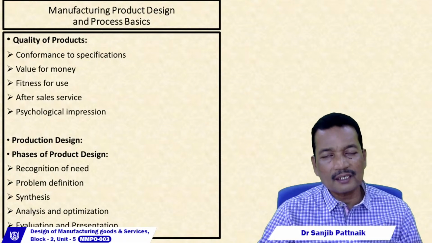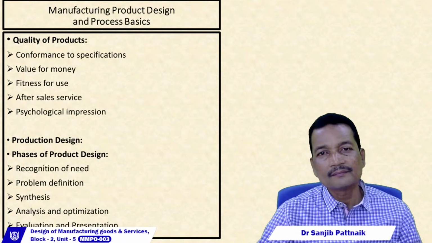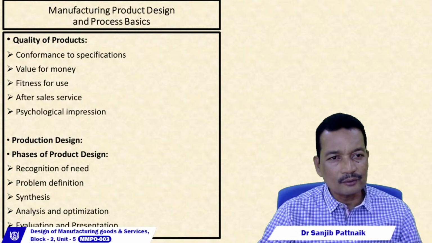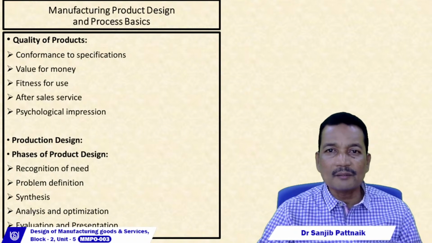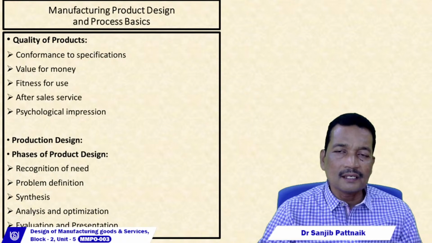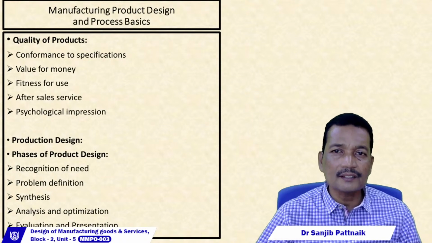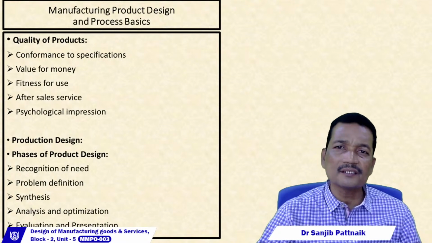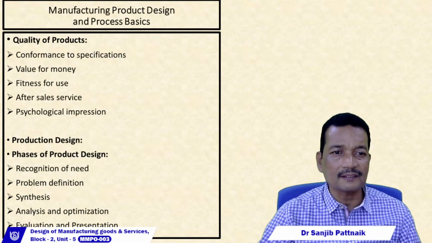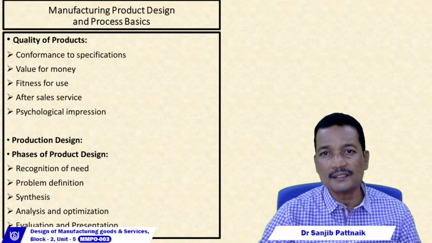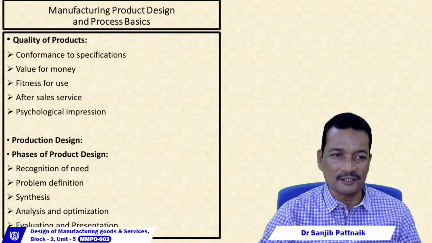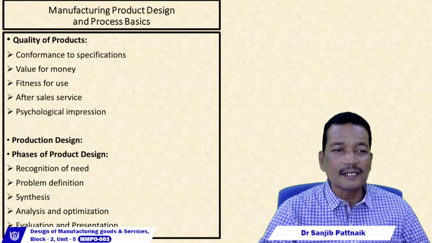Any organization which has a reputation of producing items according to the specification, showing very few defects, and this trend is carried on over years and years, creates an image in the mind of the customers in the marketplace that those organizations' products or services are of qualitative nature. It gives a psychological impression.